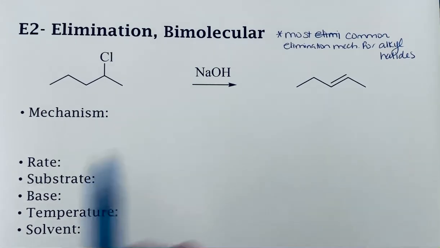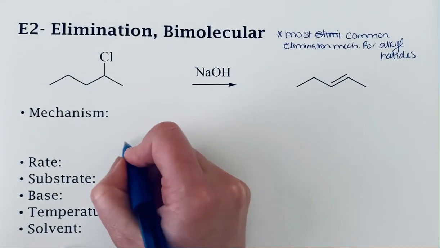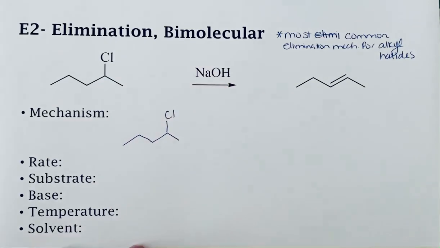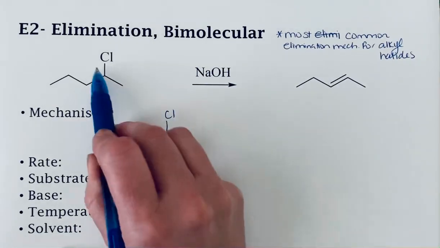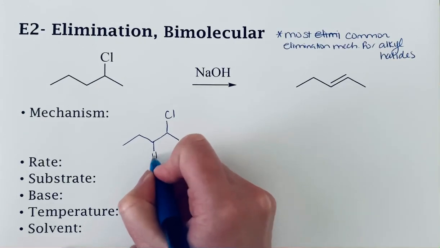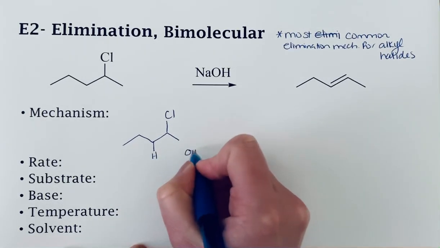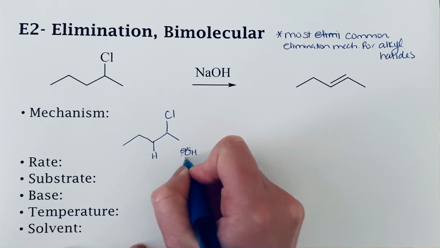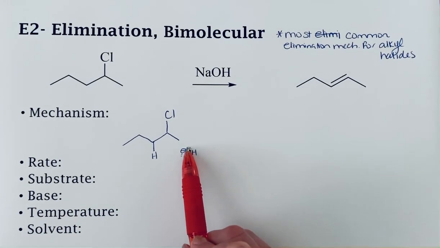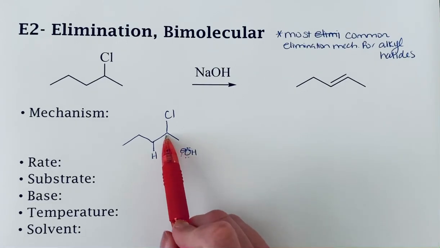Okay, so let's take a quick look at the mechanism. So we've got the alkyl halide. And so we can see where we're removing the hydrogen, from this carbon atom right here. If this was a substitution reaction, we would show the hydroxide reacting with the electrophilic carbon.